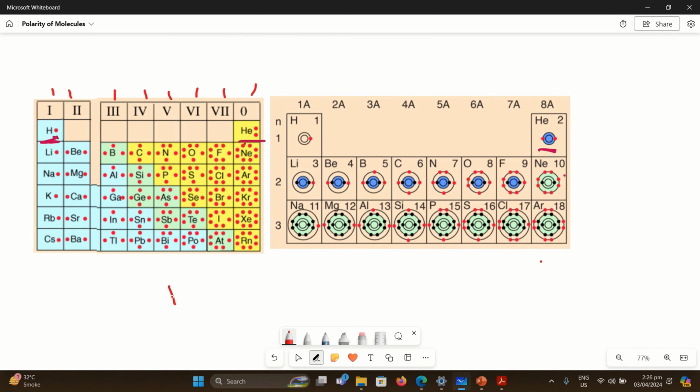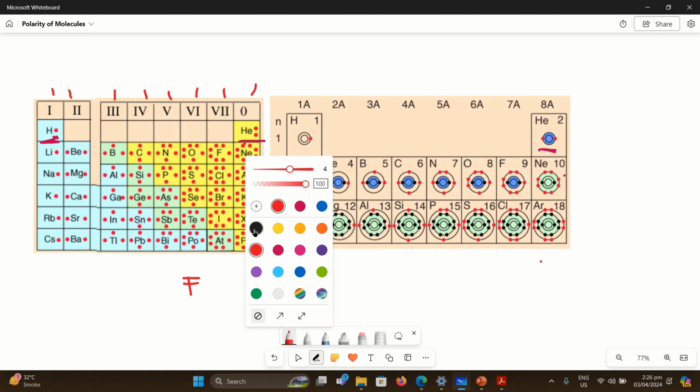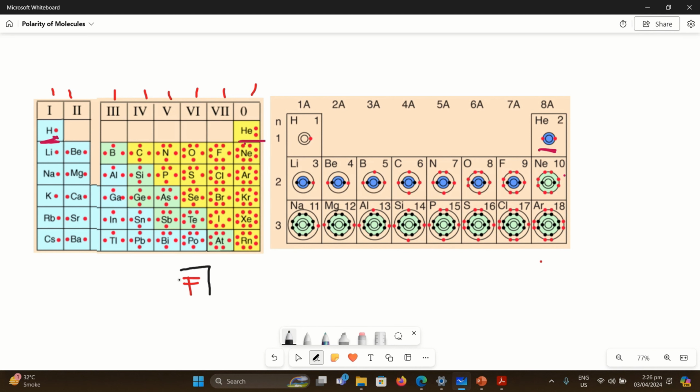So hindi lang tayo pwede basta-basta lang magsulat ng dot. Okay? So dapat ma-follow natin yung box. Okay? So that is on the dot. The Lewis dot diagram. So here we have number 9 siya. Ibig sabihin sa panglast na shell is 7 kasi nasa group 7 siya.